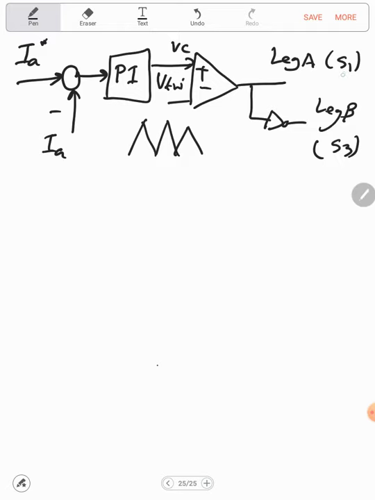And if I need to find S4, I will use the fact that the summation of the S at any leg must equal 0.